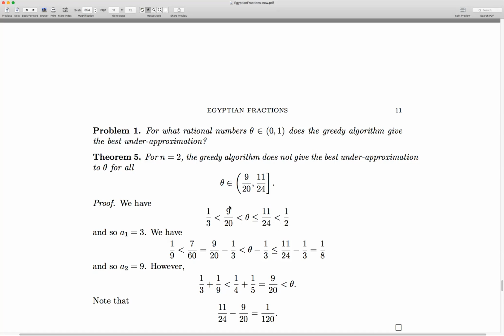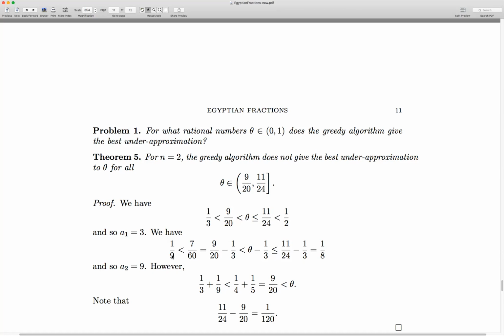So if you pick the largest Egyptian fraction less than 9/20, it's a third. And then you subtract a third from theta, and you get what? You get something less than or equal to an eighth, but greater than 9/20 minus a third, which is 7/60, which is greater than a ninth.